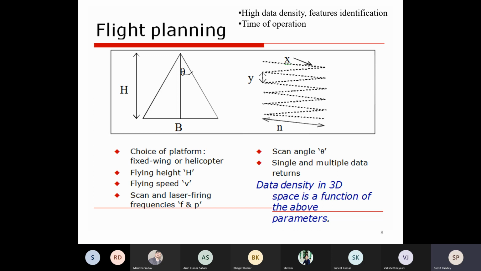But then the density across will be the same as in the unidirectional case. What we do in that case, because the density across the scan line is not easy to determine, you can see that at one end the spacing is shown, the left end, it is Y. The Y actually is a gap between two successive points along the flight direction, if you consider either right end or left end.